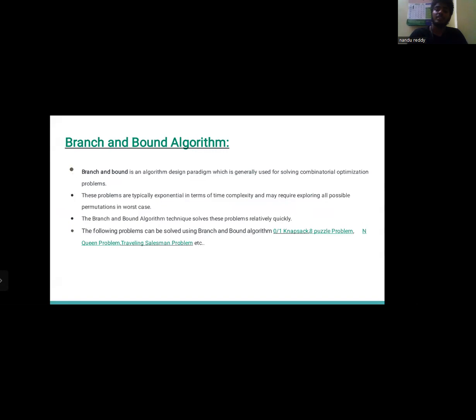Next, branch and bound. Branch and bound is the algorithm design paradigm which is generally used for solving combinatorial optimization problems. These problems are typically exponential in terms of time complexity and may require exploring all possible permutations in the worst case. The branch and bound technique solves these problems relatively quickly.